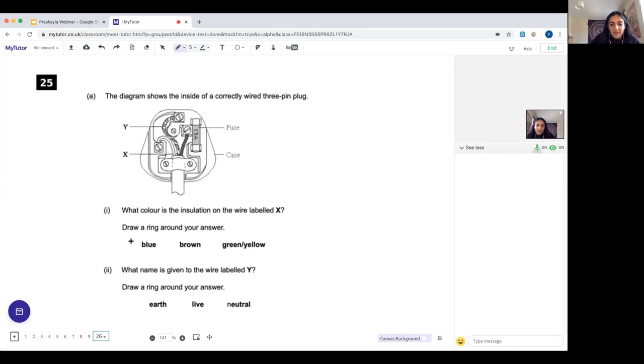Great, well done if you said blue, that's correct. And well done if you said earth. So blue, because it's the one connected to this pin and it's on the left. And what is the name given to the wire labelled Y? Well, it's the green and yellow stripy one, so that's the earth wire.